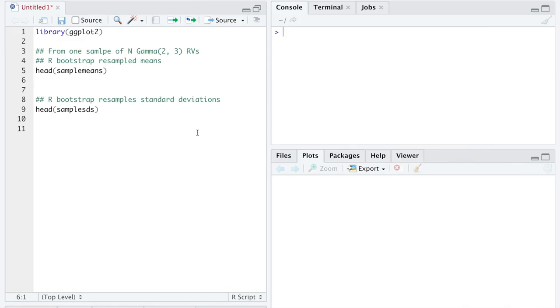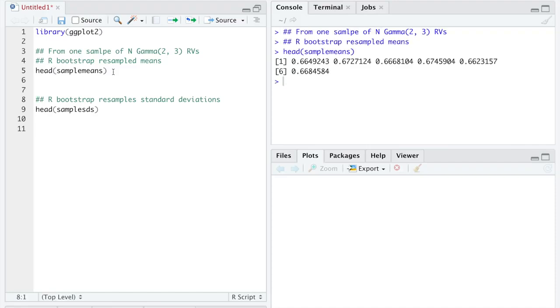So what I've gone ahead and done, but saved for the bootstrap video, is come up with two vectors of capital R bootstrap resampled means. So here are the first 6 observations of bootstrapped resampled means, where the original n observations came from a gamma 2, 3 vector of random variables.